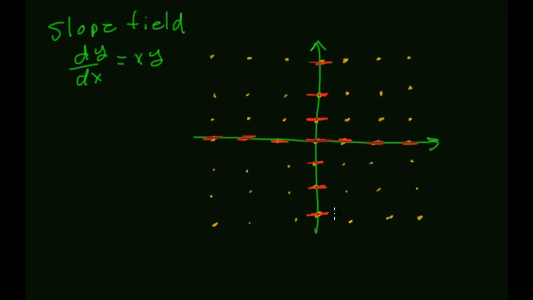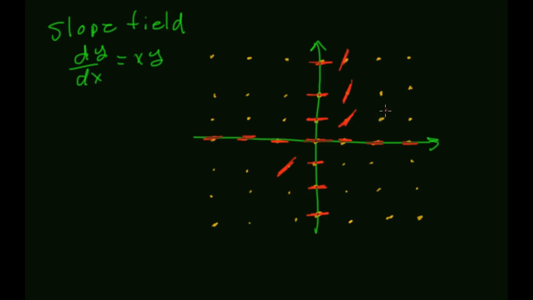So what happens here? If I take (1, 1), the slope is 1, so that's a positive slope. And if I take (-1, 1), the slope is also... giving me a positive slope of 1. Going up, this is (1, 2), giving me a positive slope of 2, and the one above it, (1, 3), is a positive slope of 3, so we're getting steeper and steeper as we go up.